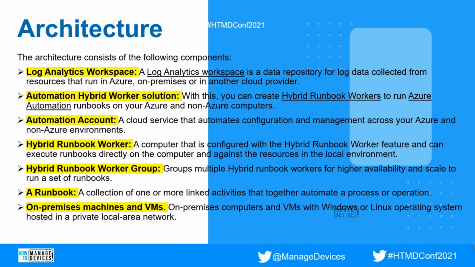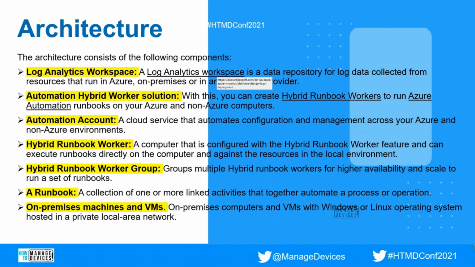Once again, you should have the hybrid runbook worker, which will be configured with the runbook workers. It is called a hybrid runbook worker server, and it can execute the runbooks directly on computers against resources in the local environment, which is a benefit we'll see in the next couple of slides.